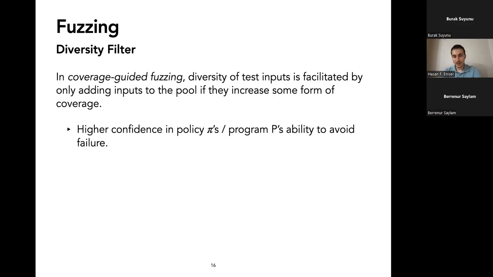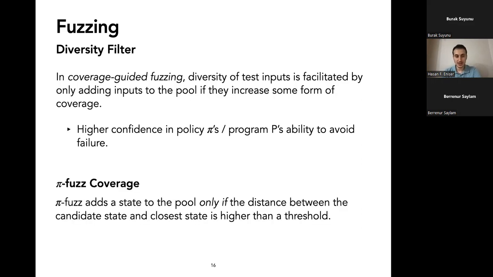Applying this idea to the RL setting, we again use coverage information to keep the states in the pool, and we also use this information to create a diverse set of pool states. In PyFuzz we add a state to the pool only if the distance between the candidate state and the closest state is higher than a threshold.